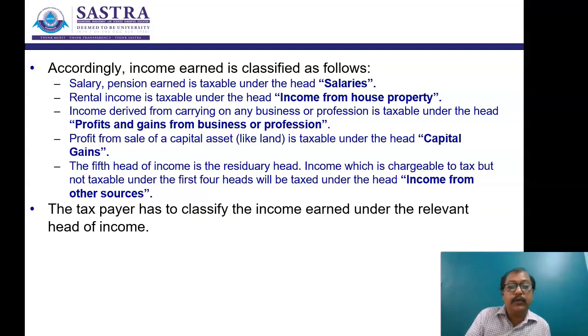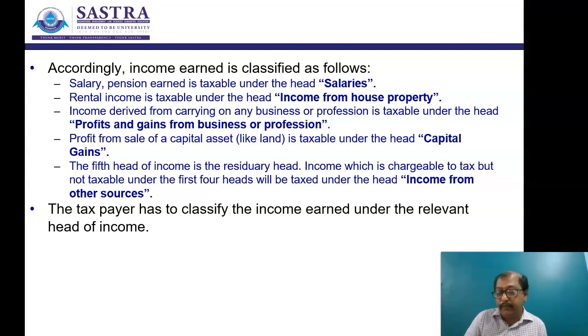And if you sell a capital asset, like land or a building, or shares, your financial securities, that also will come under the head of capital gains. And any other things like interest and dividend will be treated under income from other sources.